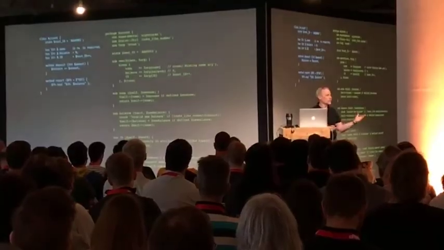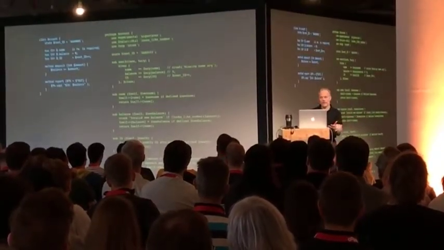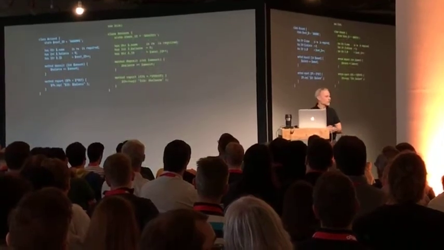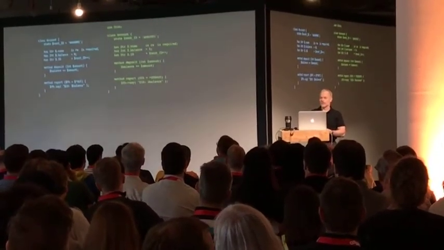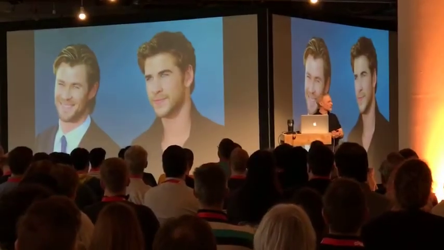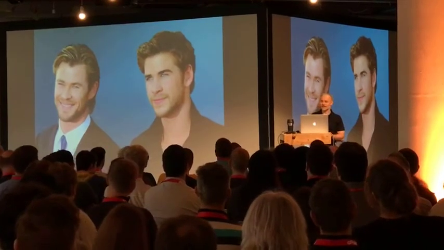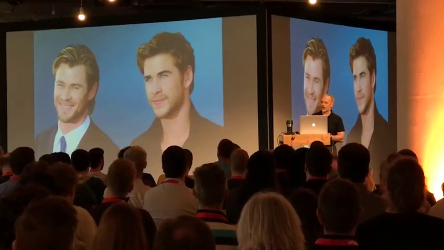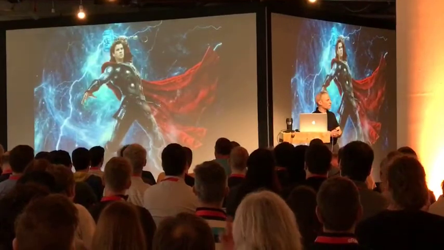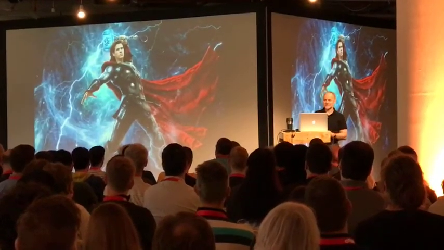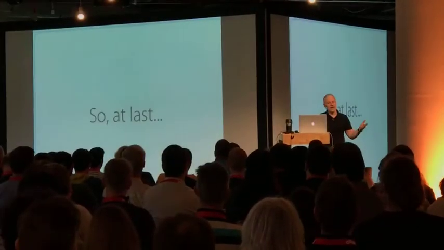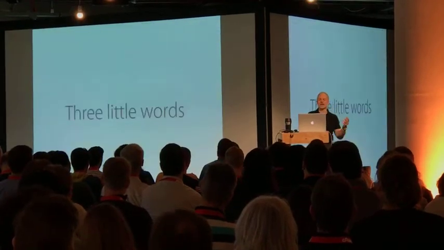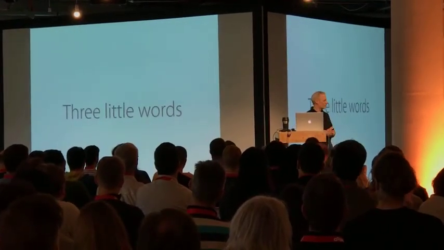So instead of beautiful Perl 6 and ugly Perl 5, both of them are equally beautiful. But now Perl 5 has the power of Thor. So at last, at the top level of everything, I had my 3 little words.